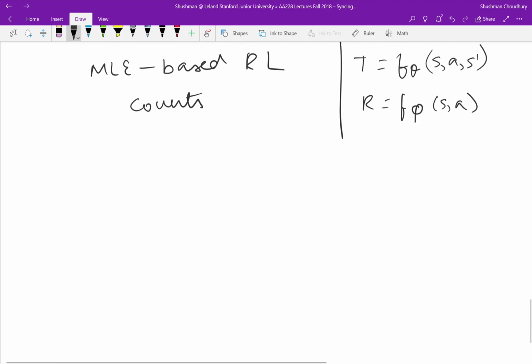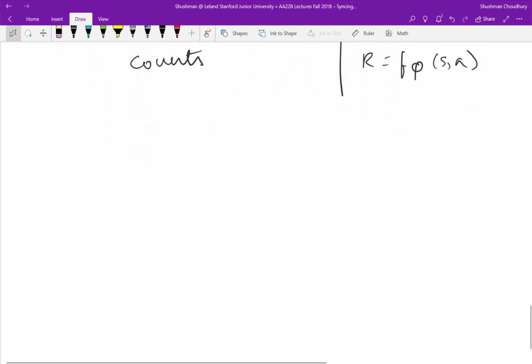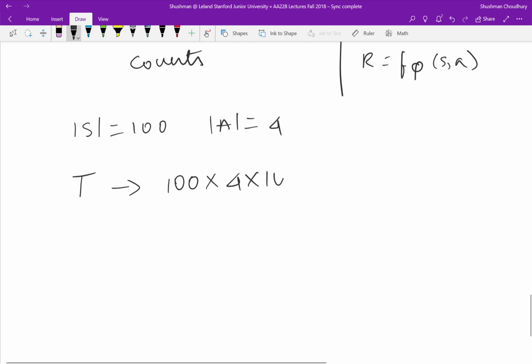And we can do that in this specific case because the size of the state space for small is 100, the size of the action space is 4. So if you think about the transition matrix, it's 100 cross 4 cross 100, right?